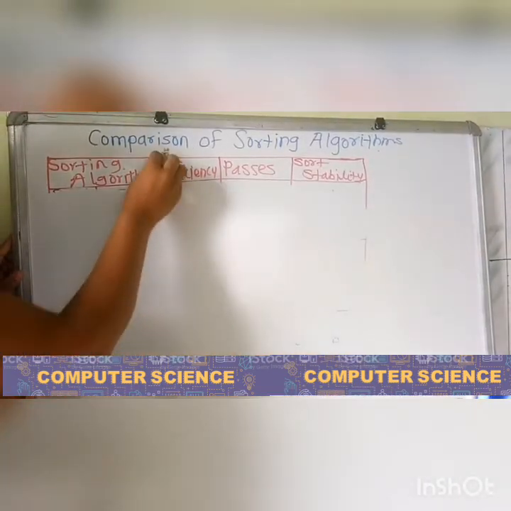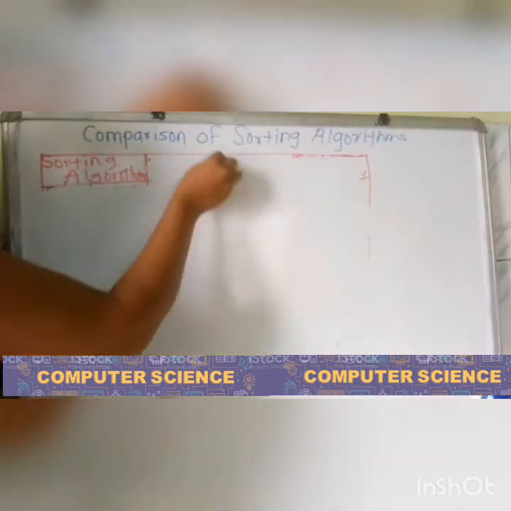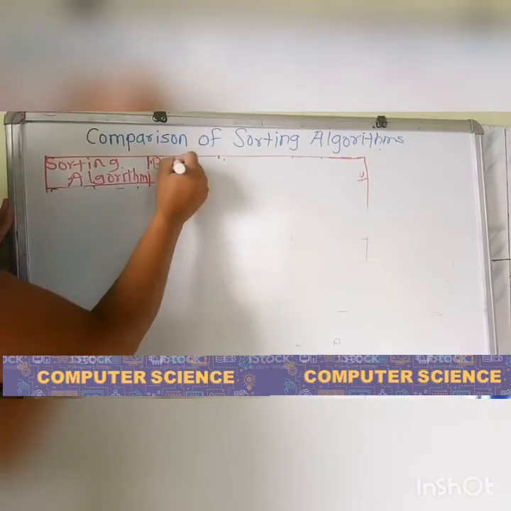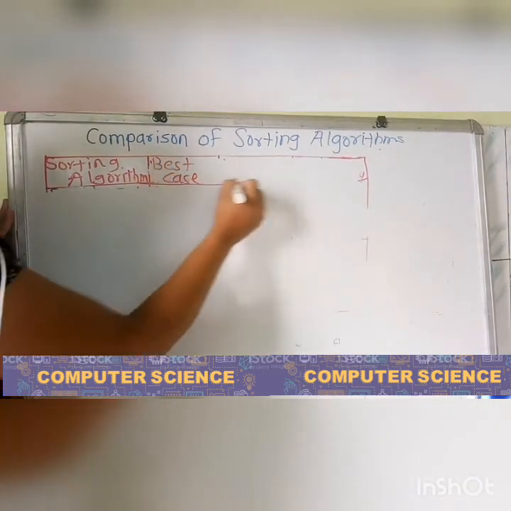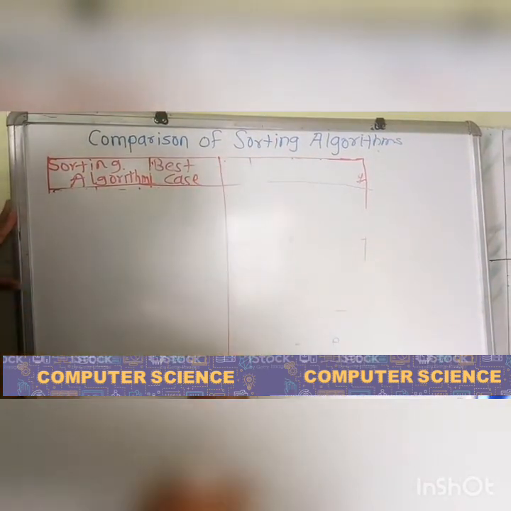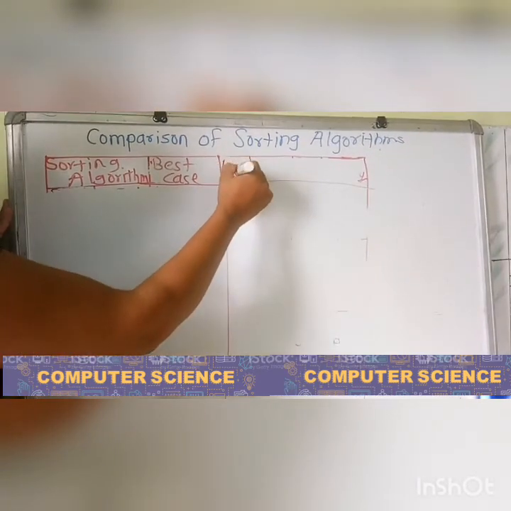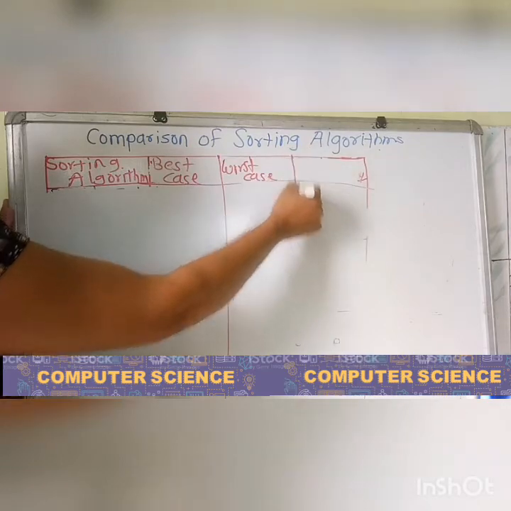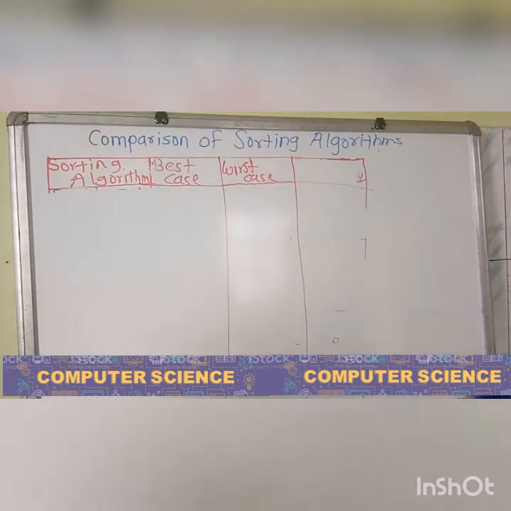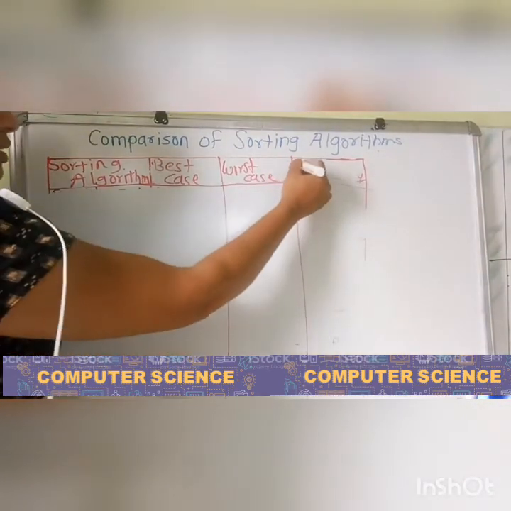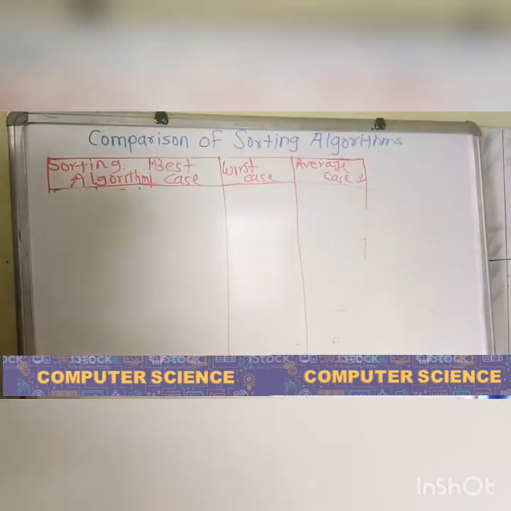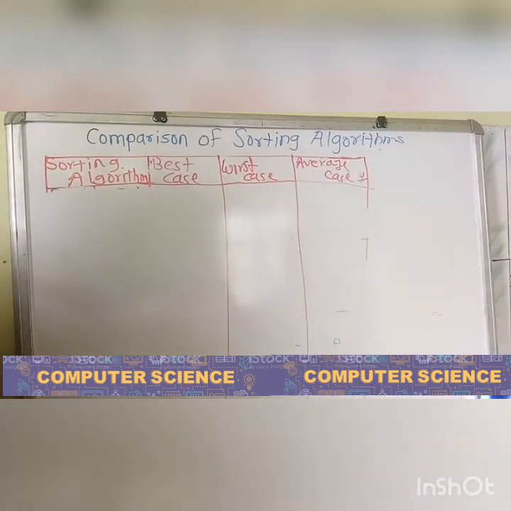First is the best case, means the case where the number of comparisons is less. Then the second case is the worst case, means we will pass our algorithm through a large number of data elements, and next we will provide moderate cases, means middlemost data elements.